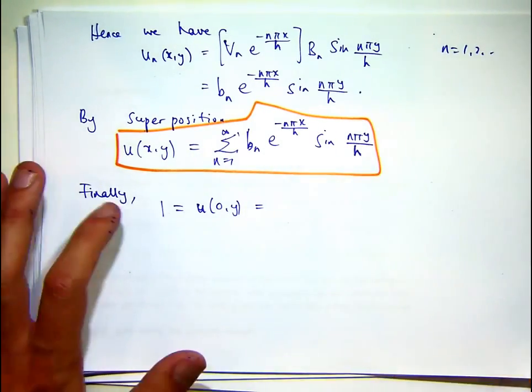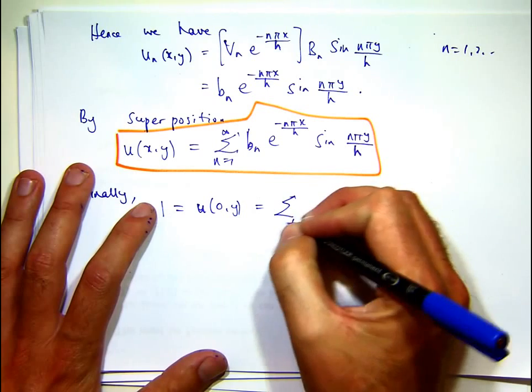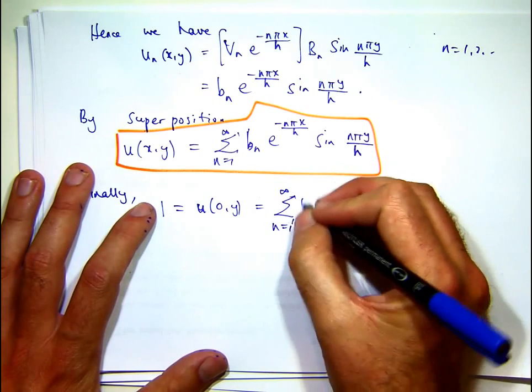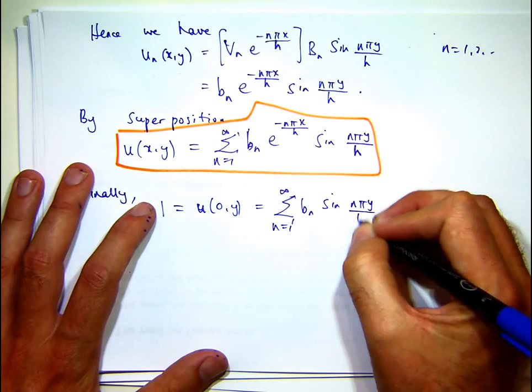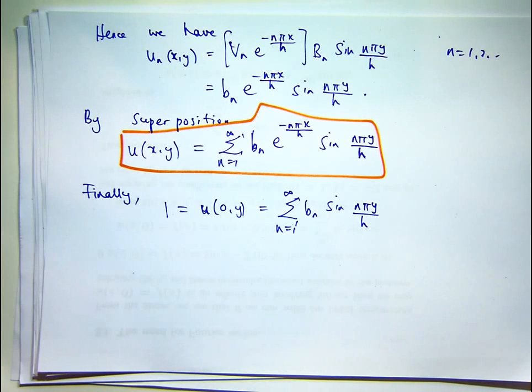I'm going to get e to the 0, which is just 1. And I'm left with a series involving a sine function. So, what is this? It is a Fourier sine series for the constant function 1.